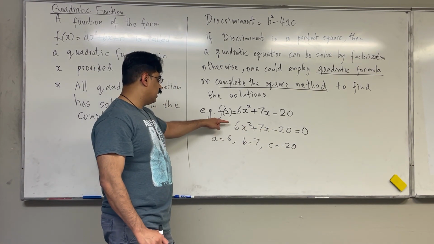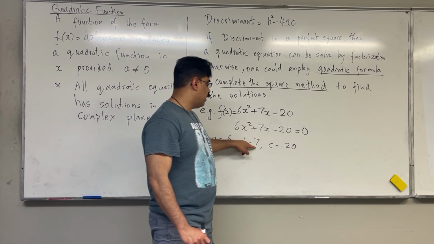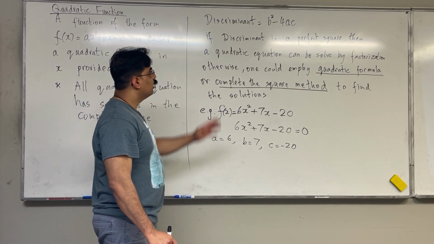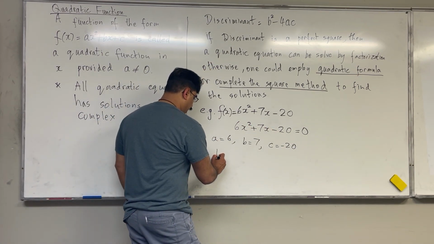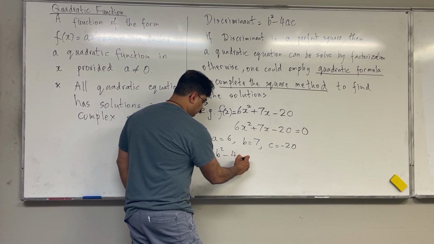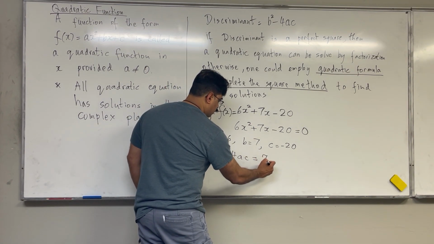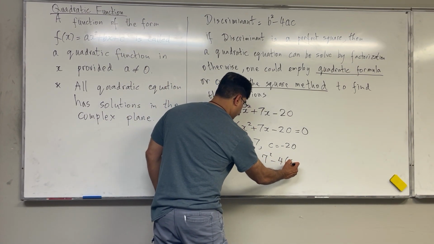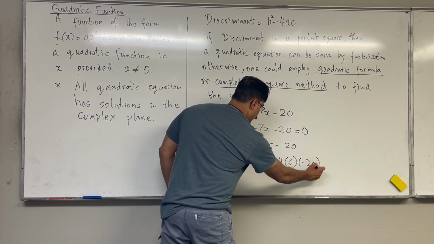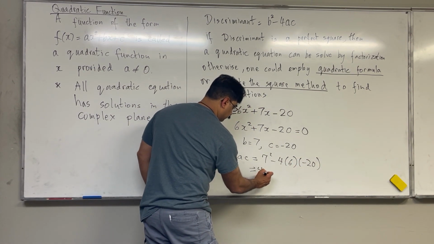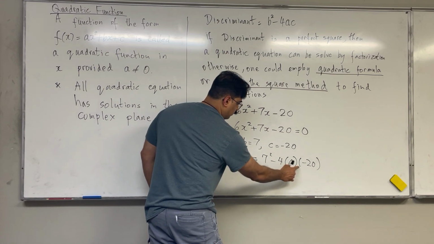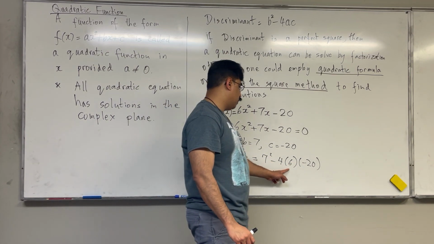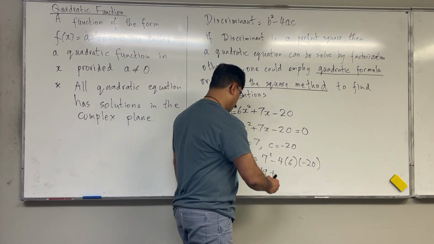So let's find b² − 4ac, which is 7² − 4 times 6 times −20. This is 49 plus, a negative times a negative is positive. 4 times 6 is 24, 24 times 20 is 480.